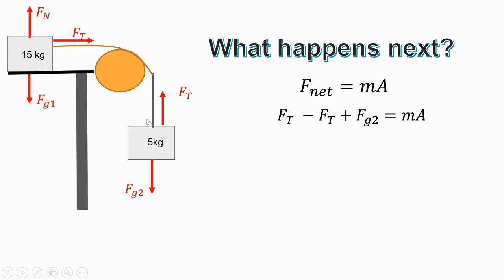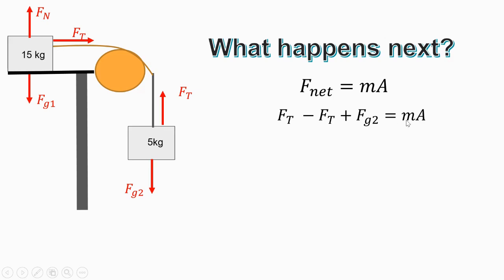So the second tension force is going the opposite way. I'm going to call that negative, and so that's why you have Ft minus Ft. That comes from these two tension forces that are pointing in opposite directions. Finally, the last force is Fg2, the force of gravity on this 5 kilogram box. And that's pulling this down, so I'm going to call that a positive force.